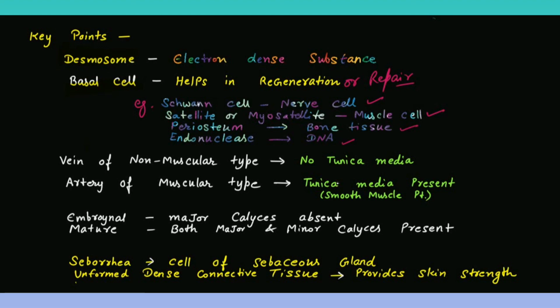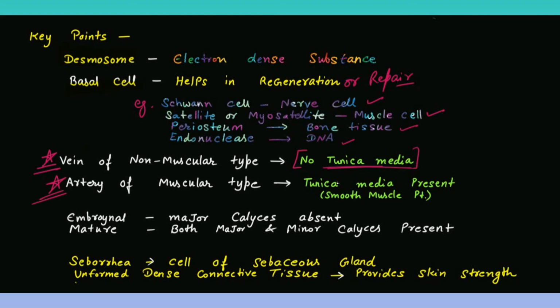The next is vein of non-muscular type. Remember, they don't have tunica media. We know the layers of the blood vessels are tunica externa, tunica media, tunica interna. So the vein of non-muscular type doesn't have tunica media in its wall. The next is artery of the muscular type.